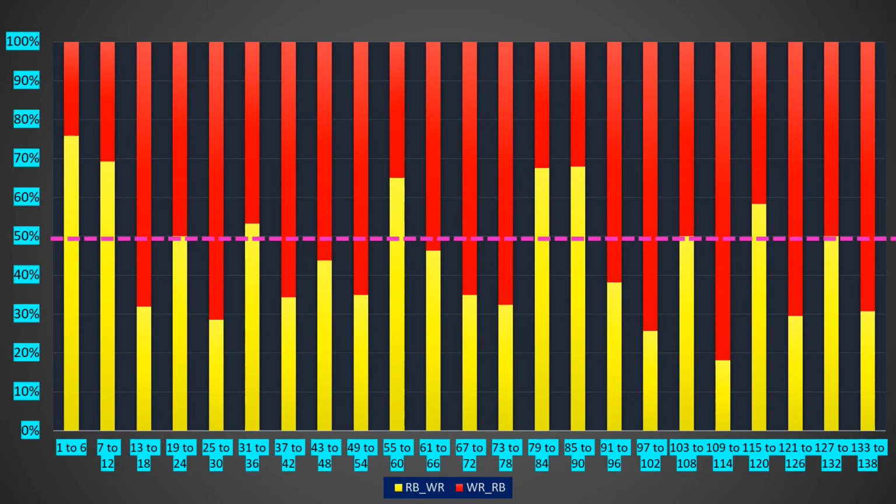So wide receivers, back to equal, wide receivers, back to running back, wide receiver, wide receiver, wide receiver, RB, RB. So there are those peaks that I talked about right there, and there's one right there. So you can see where the RBs are playing and proceed accordingly.